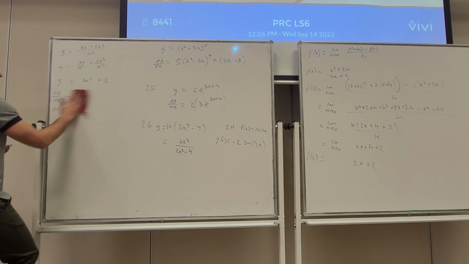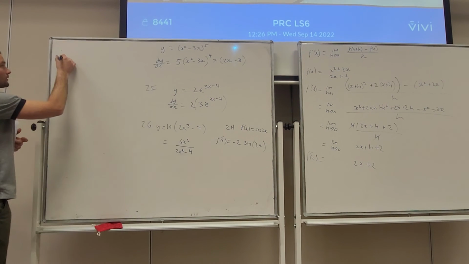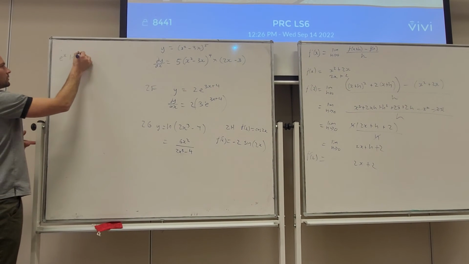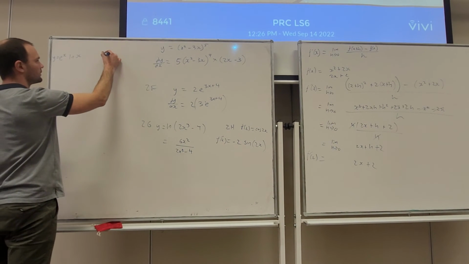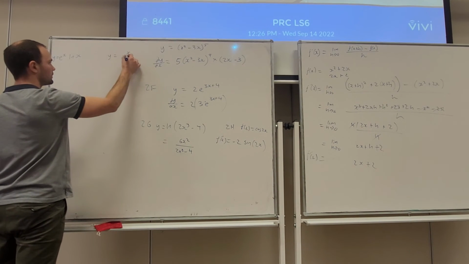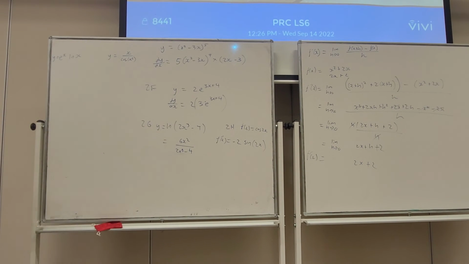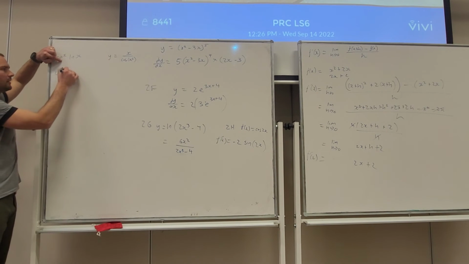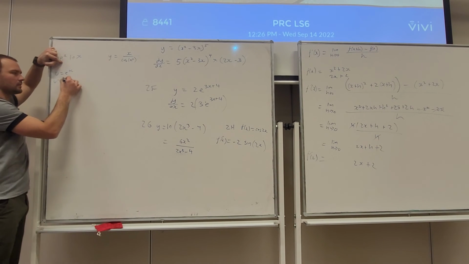All right. So let's do one with the product rule, one with the quotient rule. Alright, so for the product rule here, we've got u is e to the x, and the derivative of e to the x is e to the x.